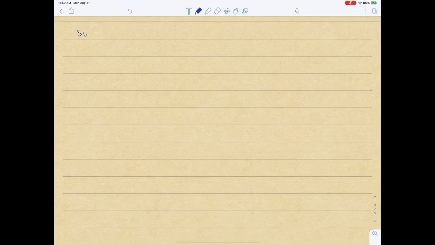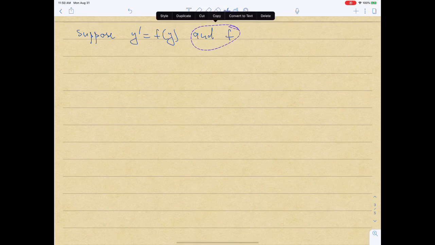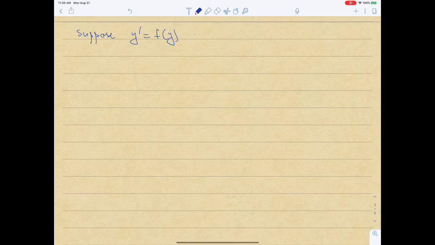So let's suppose y prime is equal to f of y, while f and f prime of y are continuous functions of y.